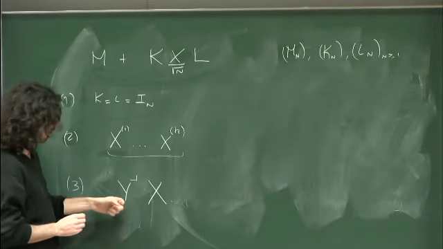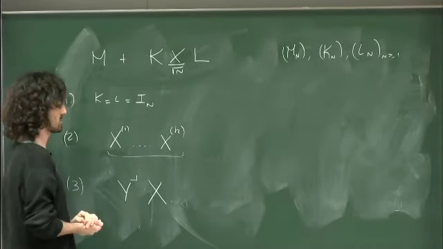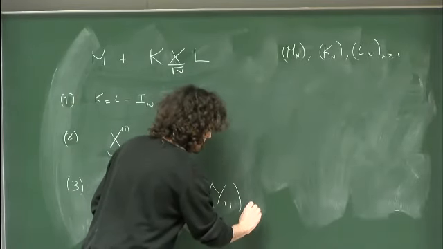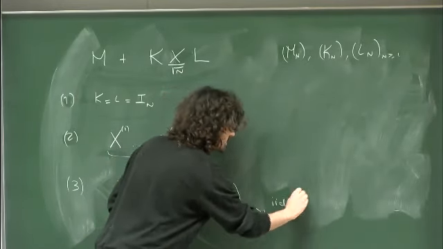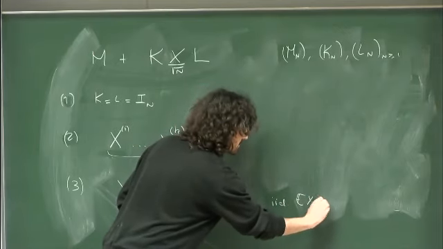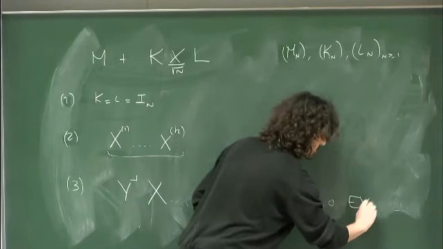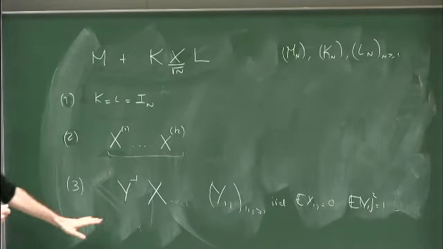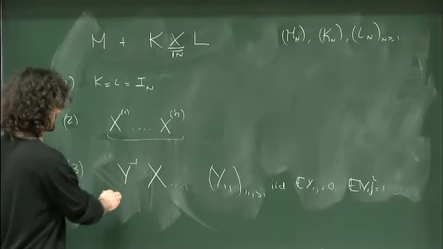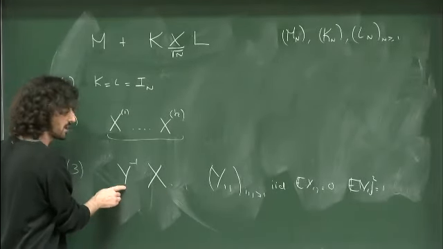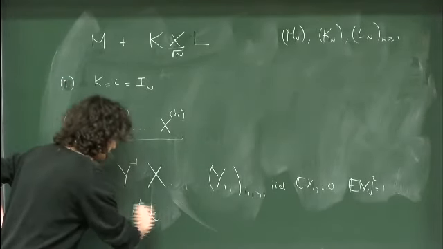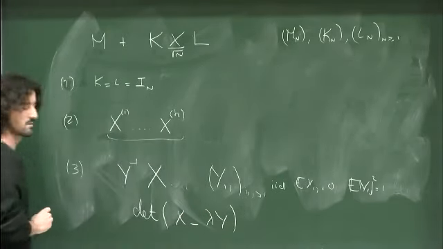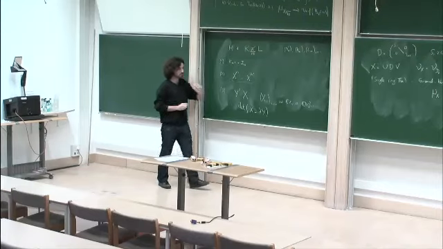Matrix of the type Y minus 1 times X, where Y is also IID, centered, and with unit variance. This would correspond to generalized eigenvalues, because, assuming that I know that Y is invertible, the eigenvalues of this will be the same as the zeros of this polynomial in lambda.